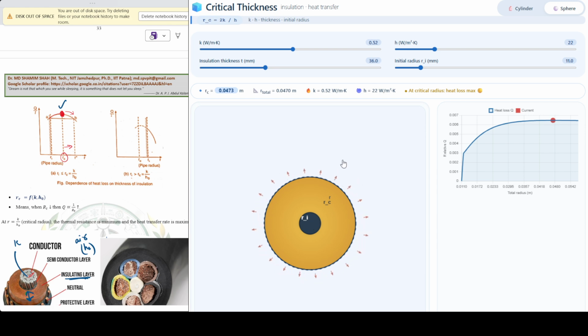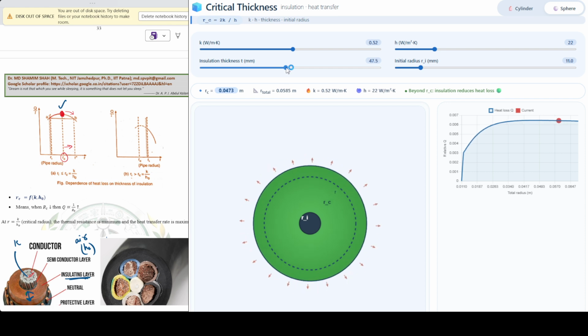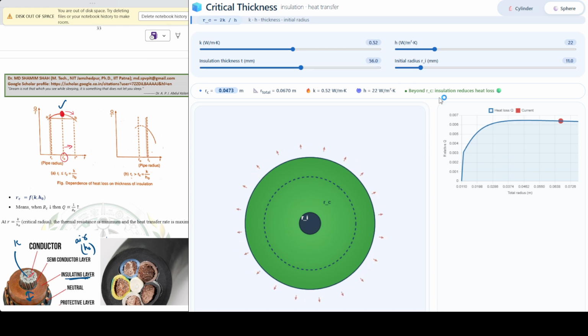Beyond this, if you increase the thickness of insulation, it will decrease, according to the graph which we had studied in the book. You are crossing the shaded circle region, so now the insulation reduces heat loss.